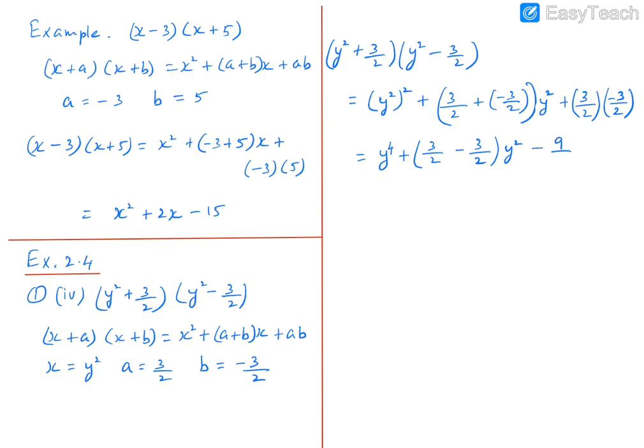So the middle term is 0. Therefore we will be left only with y power 4 minus 9 over 4. That's the final answer, because we have a equals 3 by 2 and b is minus 3 by 2, so when you add a plus b, we get 0. So this evaluates to y power 4 minus 9 over 4.